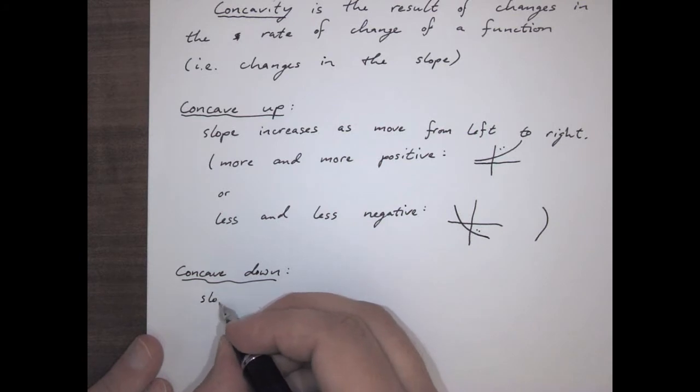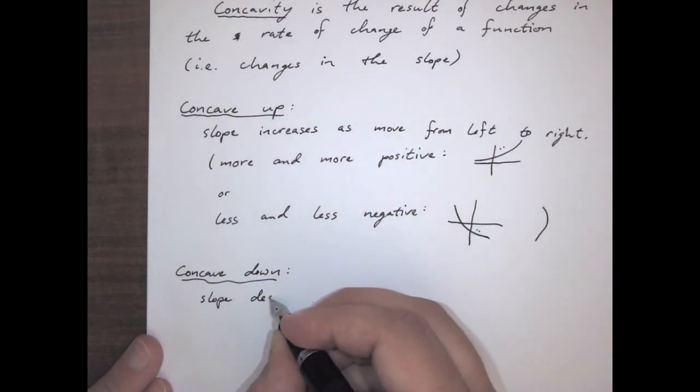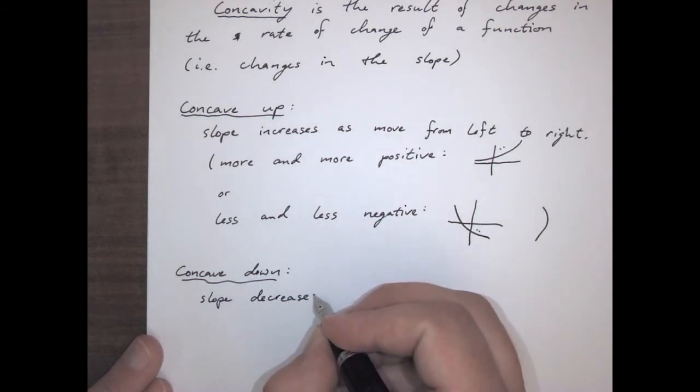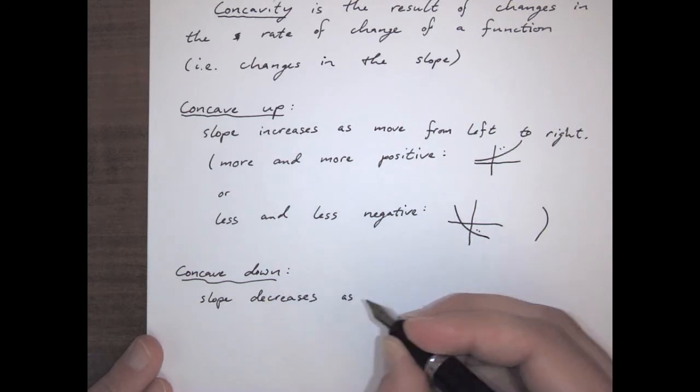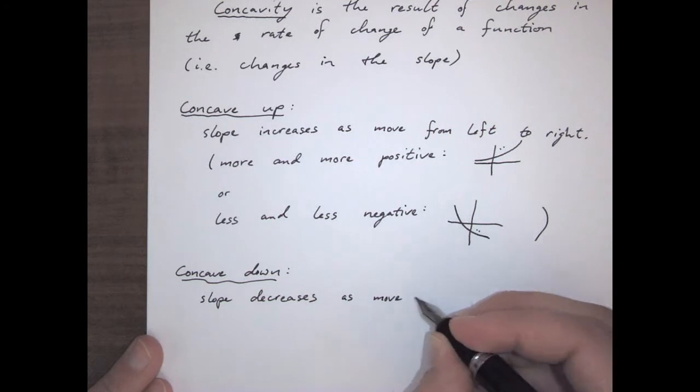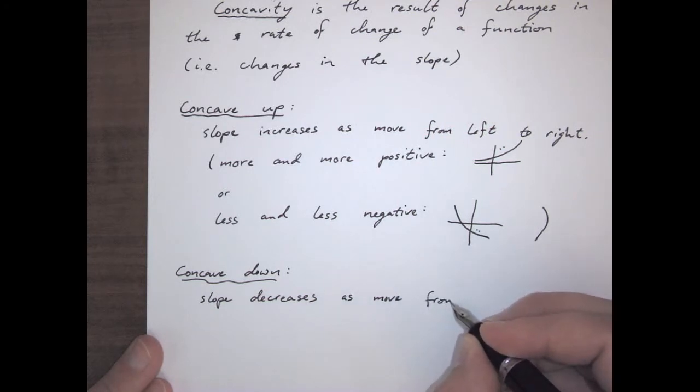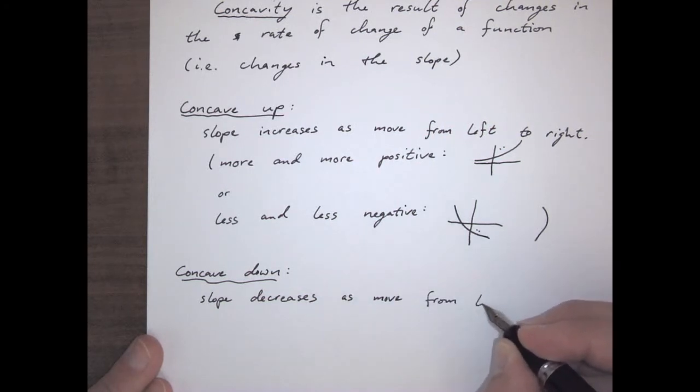which is the opposite situation. So the slope decreases as we move from left to right.